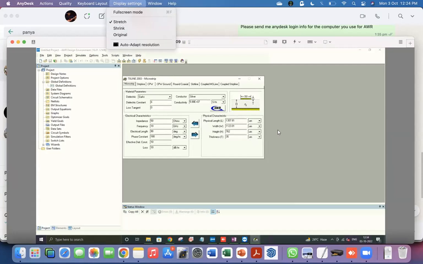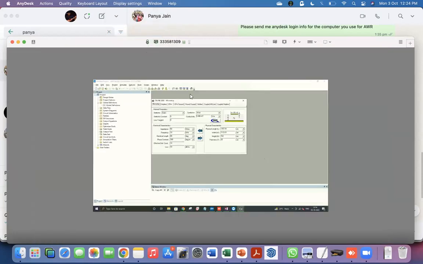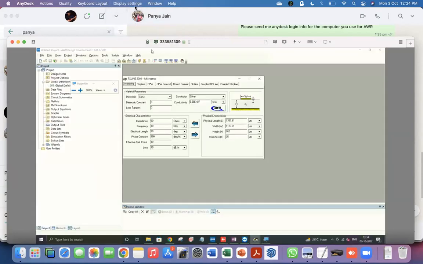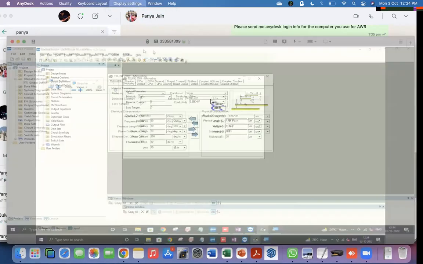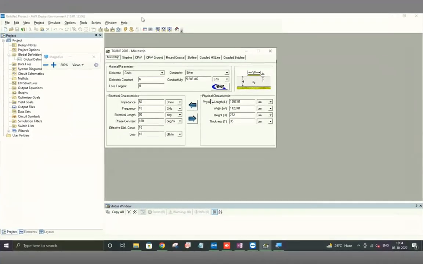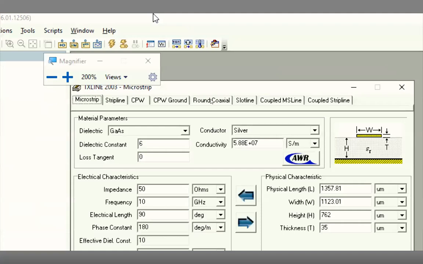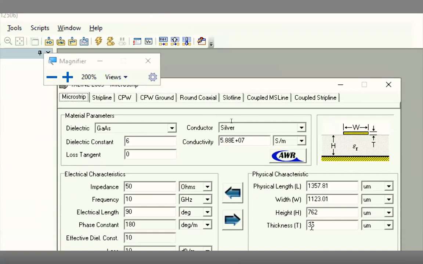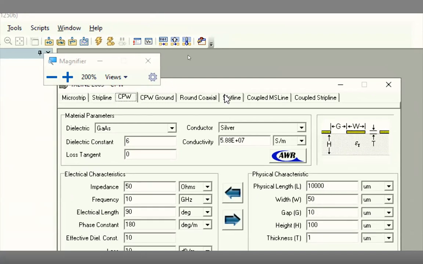Zooming. Maybe you can just, why don't you come up here? Oh, something happened. Magnify.